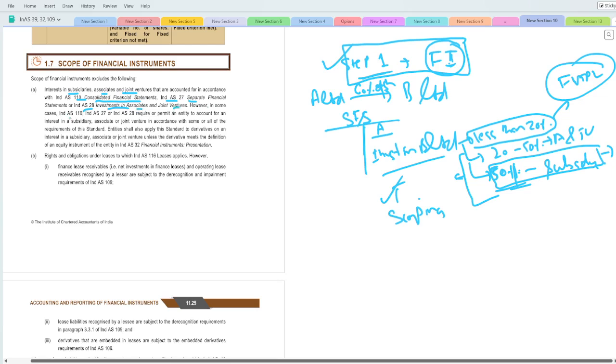However, in some cases, Ind AS 110, 27, and 28 require or permit an entity to account for an interest in the subsidiary, associate, or joint venture in accordance with some or all of the requirements of this standard.